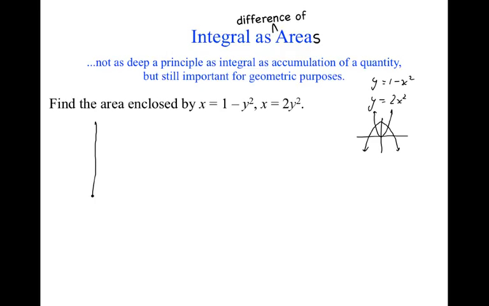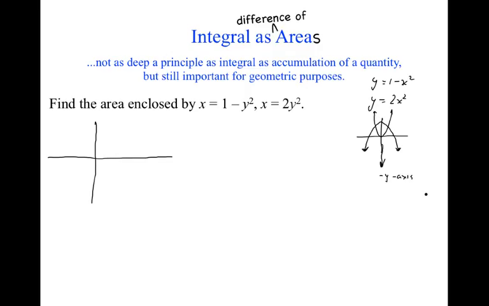Now the real region, okay? We're just flipping x and y. This first one, did it open on the negative or positive x or y axis? It's opening on the negative y axis, right?